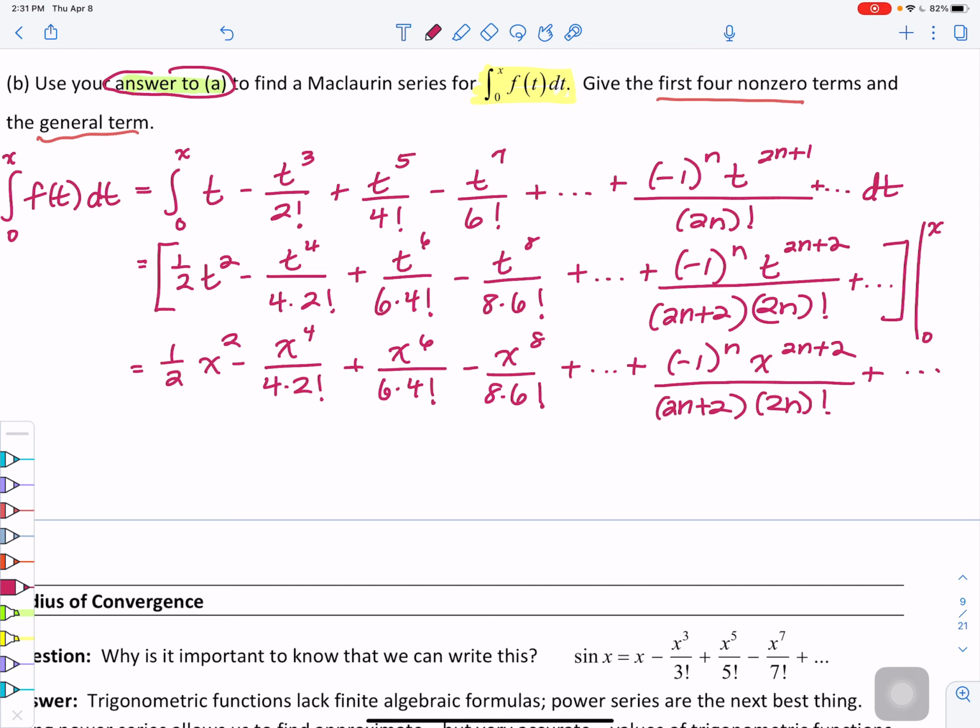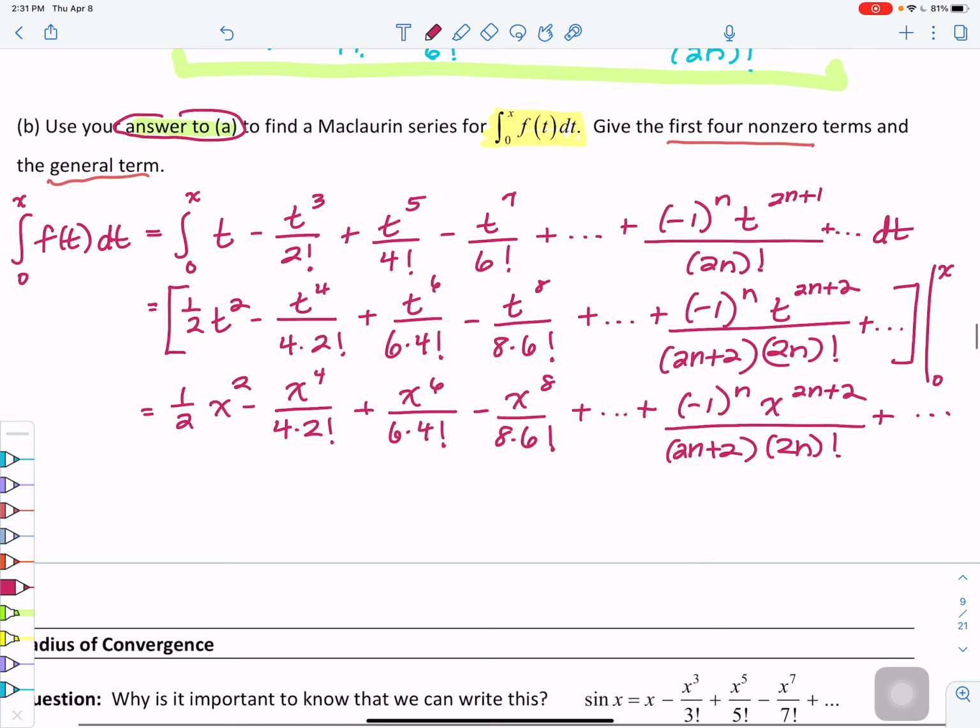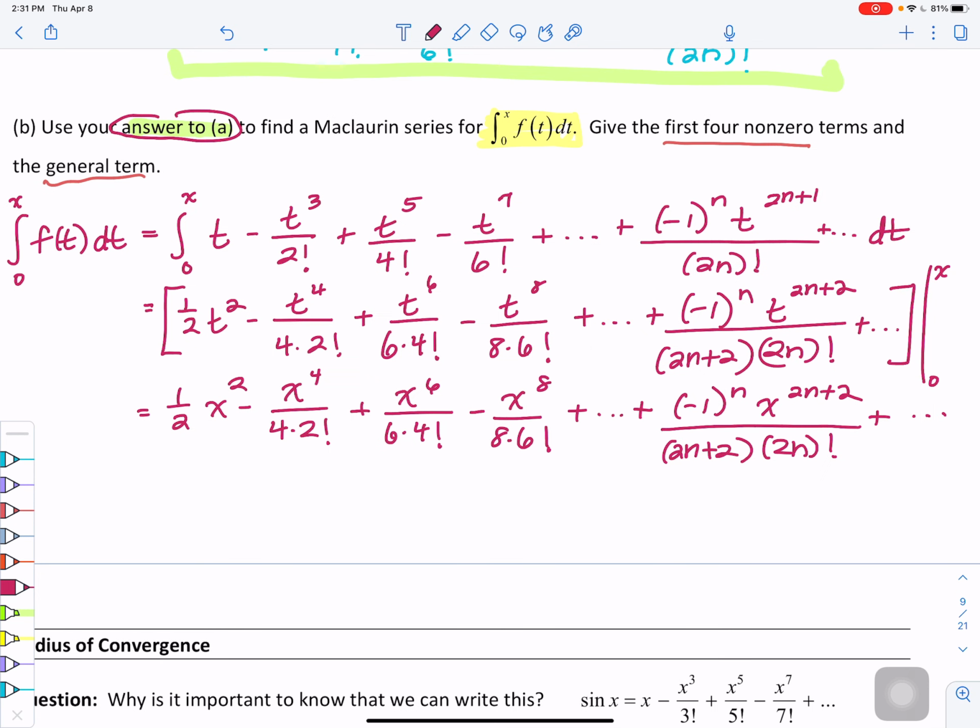And now you can see how we can manipulate these Maclaurin series to find other Maclaurin series.